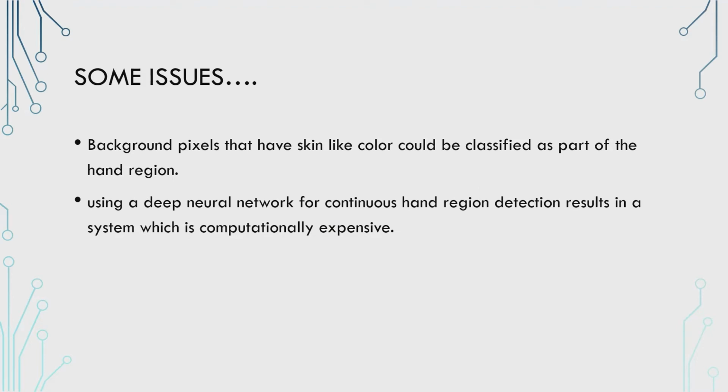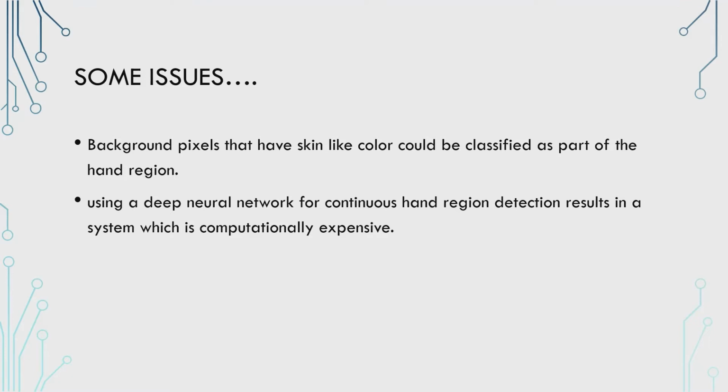Some issues to take note of: background pixels that have skin-like color could be classified as part of the hand region. Another issue is that using a deep neural network to continuously detect the hand region and the fingertip in each successive frame is computationally expensive, hence the need for fingertip tracking.